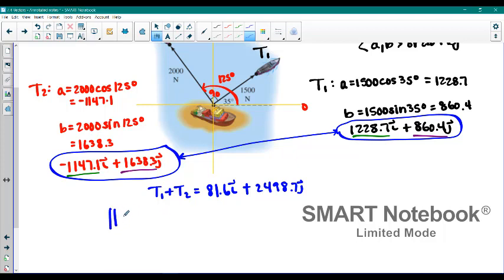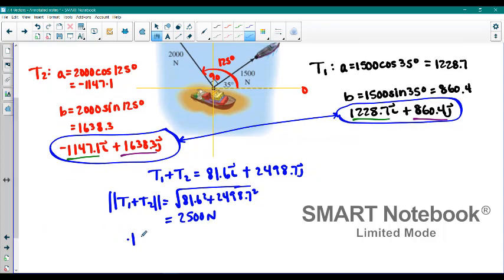The magnitude of the vector will be the square root of 81.6 squared plus 2498.7 squared, which is about 2,500, and that was newtons, so about 2,500 newtons of force.